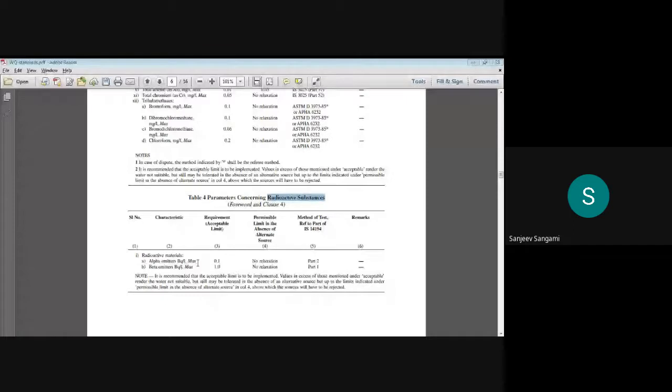Uranium is a nuclear radioactive substance. Radium is also a nuclear radioactive substance. They are also listed in this IS code and come under the chemical characteristics only.